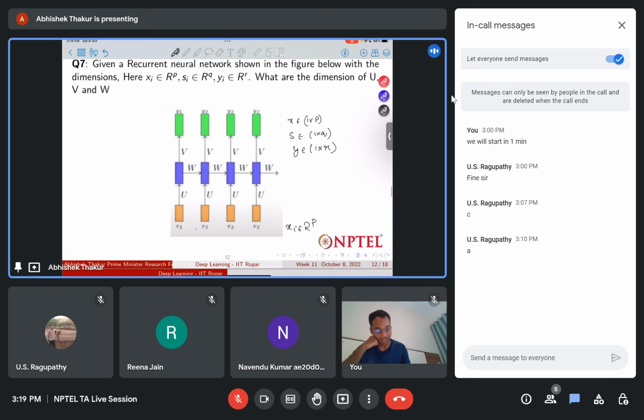Here you can see x is multiplying with u, so 1 cross p, this is our x. If it is multiplying with u, then u will be p cross something. And our s is q, so u will be p cross q, then only our output will be the product of x and u, so output will be 1 cross q, that is s. So the dimension of u is p cross q.